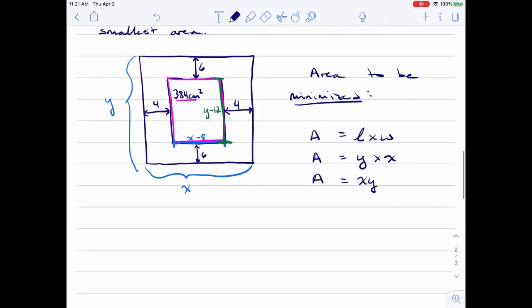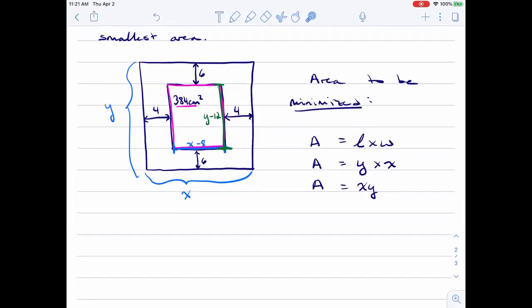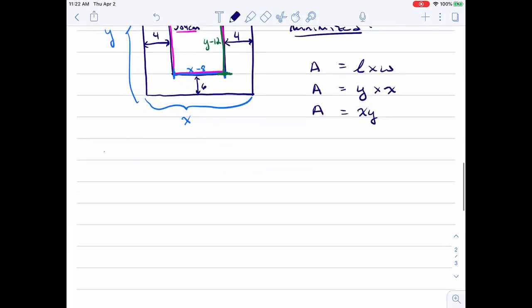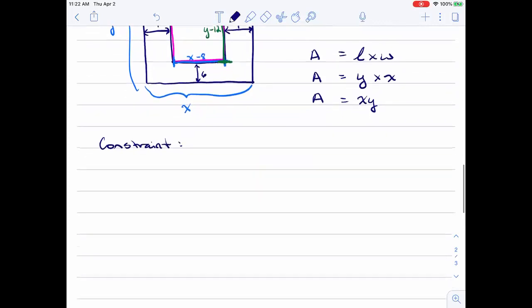But the constraint that we've been given is that the printed area has to be 384, which means that x minus 8 times y minus 12 must be 384. And so the constraint is that the printed area must be 384 centimeters squared.